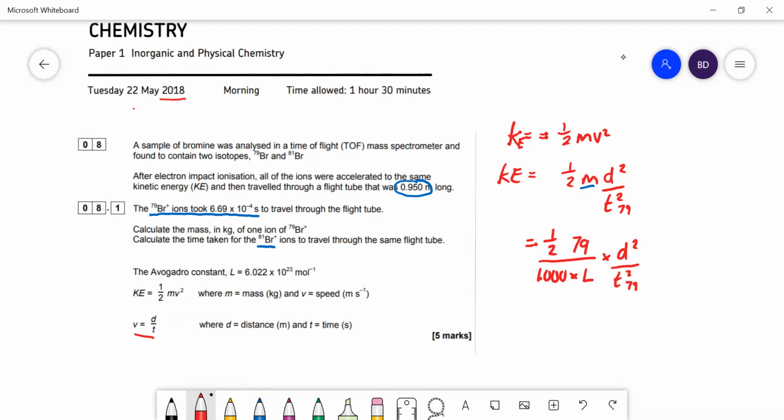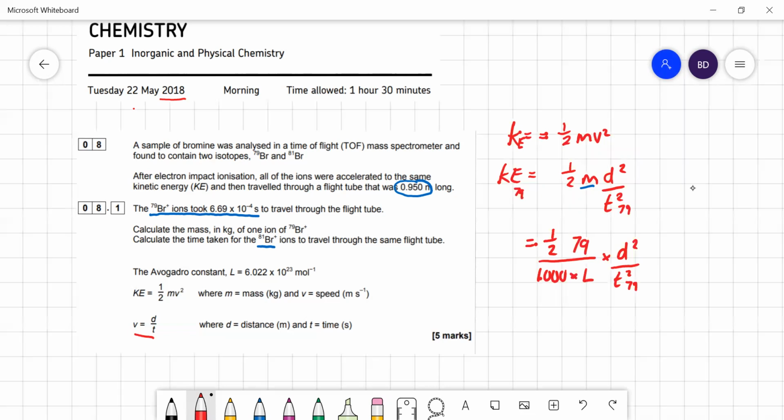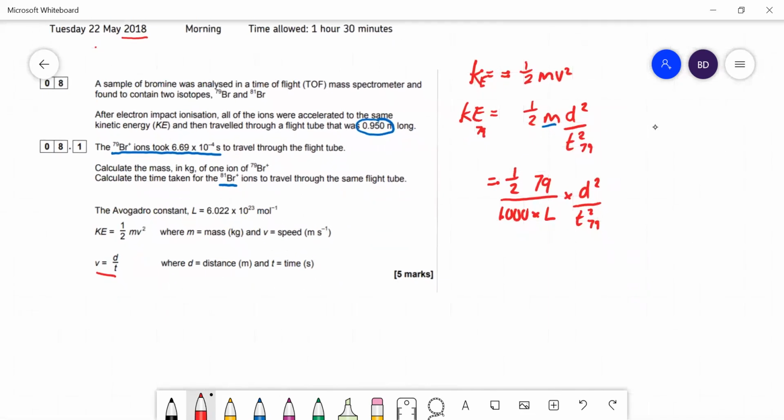Now we know the kinetic energy for the 79 is equal to the kinetic energy for the 81. And the kinetic energy for the 81 is going to be a half times the mass of 1 mole, which is 81, multiplied by d squared over 1,000 L, and the time taken for the 81.